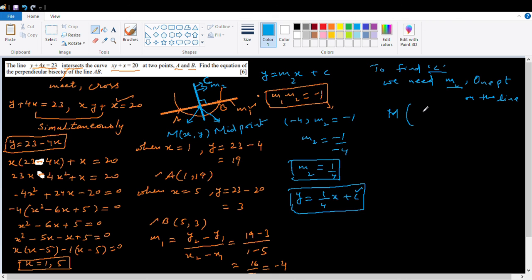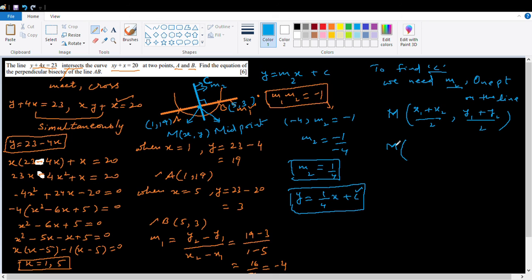M we are supposed to find out. For the midpoint, we add the x coordinates divided by 2 and the y coordinates divided by 2. I write it for you: x1 plus x2 over 2 and y1 plus y2 over 2. A has the coordinates 1 comma 19 and B has the coordinates 5 comma 3.